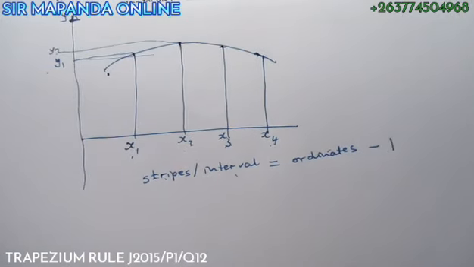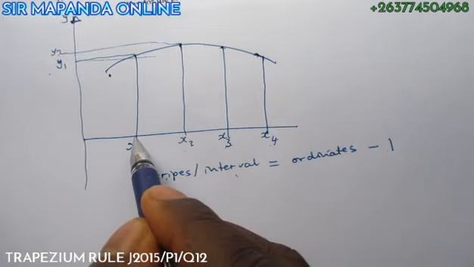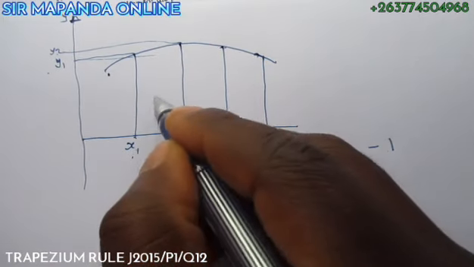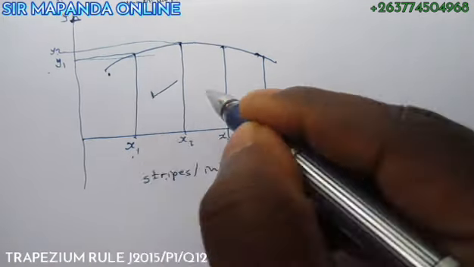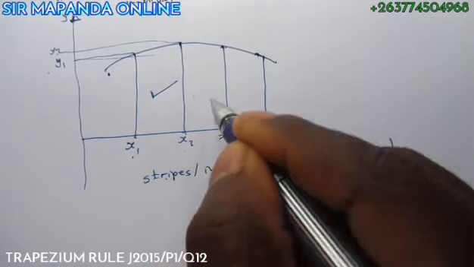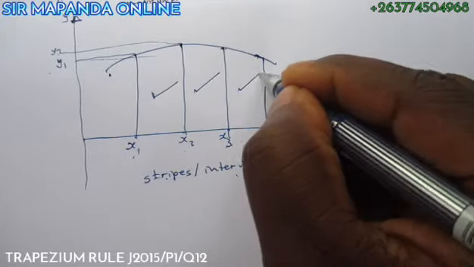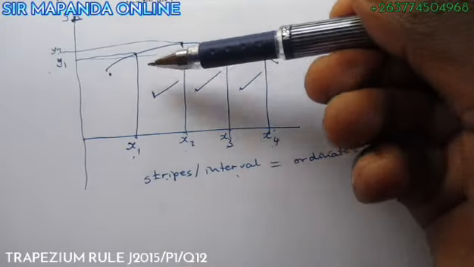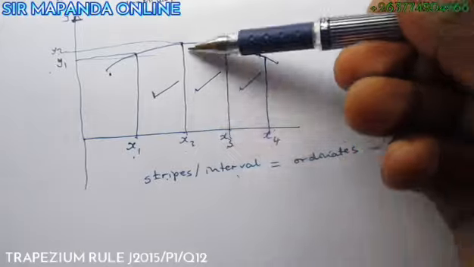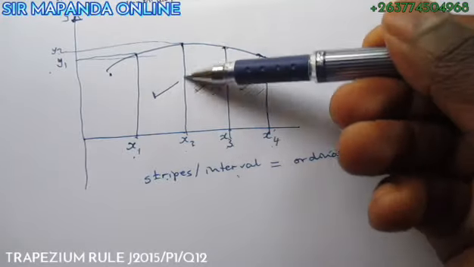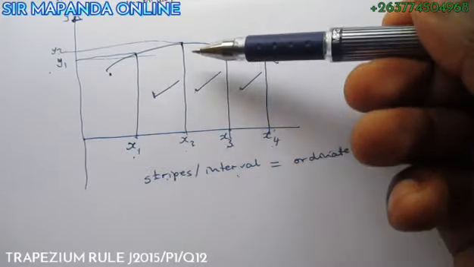So what are intervals? From x1 to x2, you get your first interval. From x2 to x3, you get your second interval. From x3 to x4, you get your third interval. So these rectangular shapes, or the trapezium, or the trapezia, right?